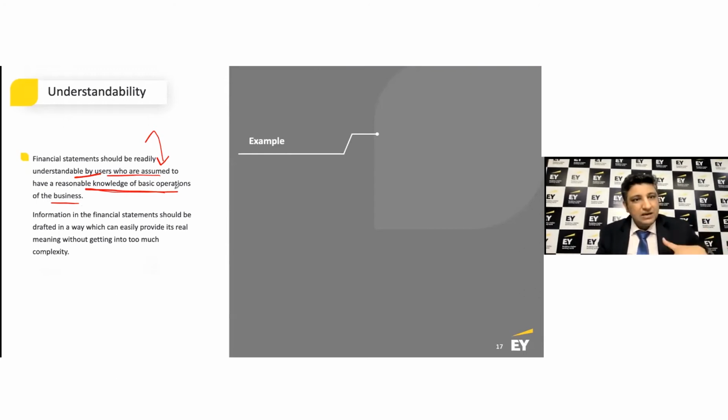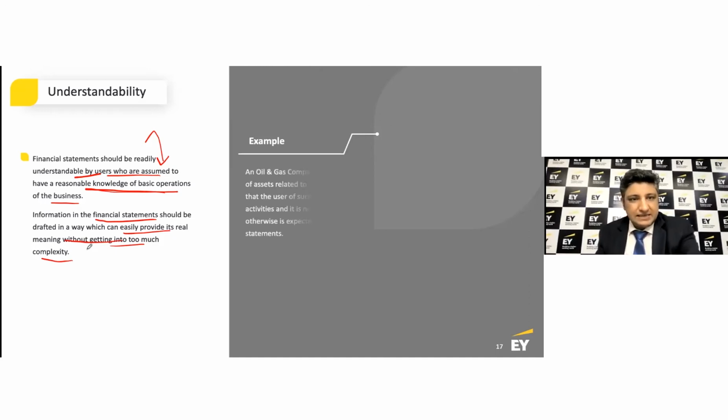They should know what the business is all about, and accordingly, the financial statements should be precise without getting into too many complexities, not a use of too much jargon or a detailed explanation of something, unless required under the Ind AS framework.